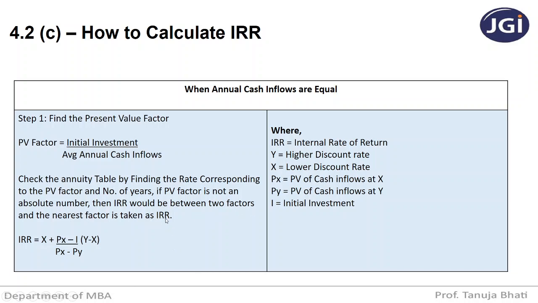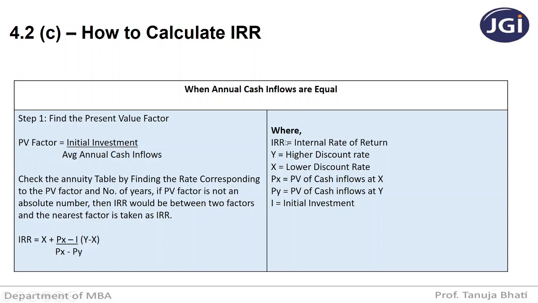So when the PV factor is not exactly plotted in the annuity table, then the IRR is found by using this formula: x plus (px minus I) divided by (px minus py), in the bracket (y minus x).